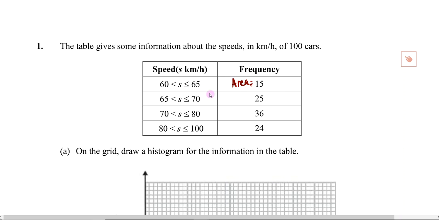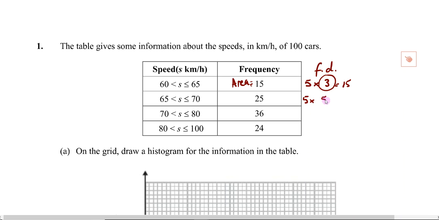So I've got to figure out, what's the class interval? 5. So I need it to be 5 times, because that's the width, 3. 5 times 3 gives me the 15. So my frequency density is actually going to be 3. This one then, I've got 5 times what gives me 25? 5.